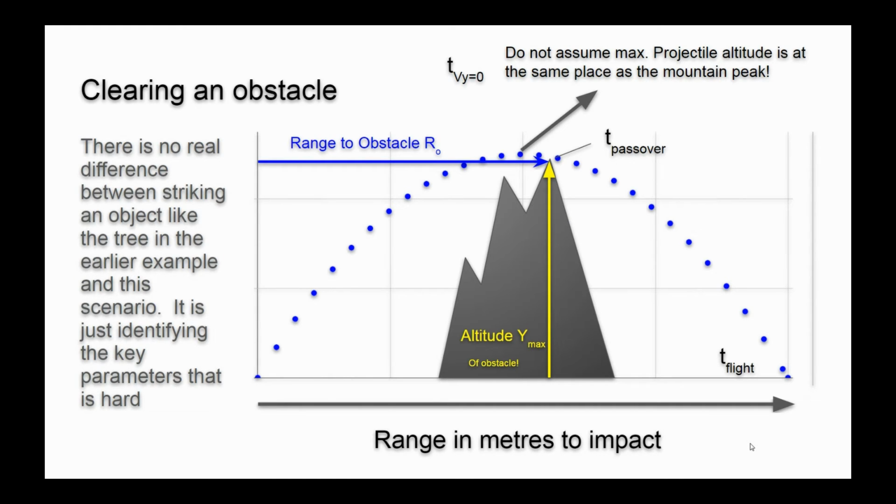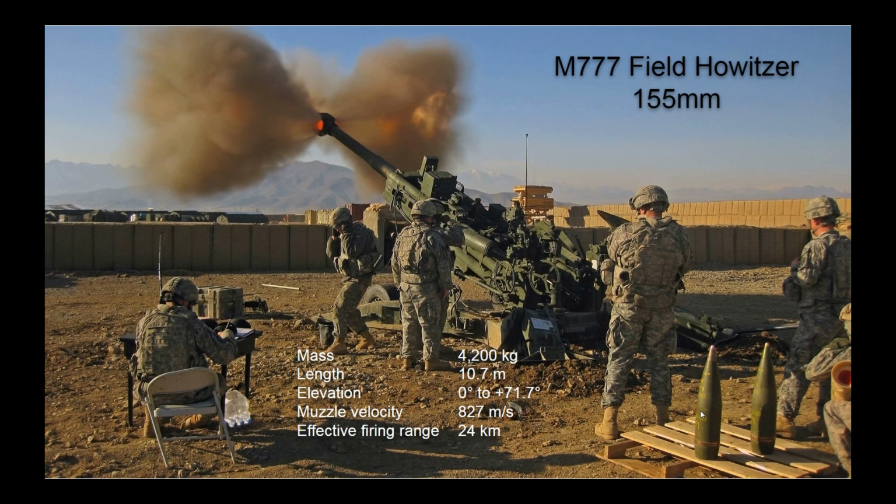Now, if we really want to up our game, this is getting more towards straight grade 12. We're going to try to figure out how to clear an obstacle. Can you deliberately fire over something? There are people whose job it is to get rid of obstacles and fire over things. You would be surprised how far these weapons can fire.